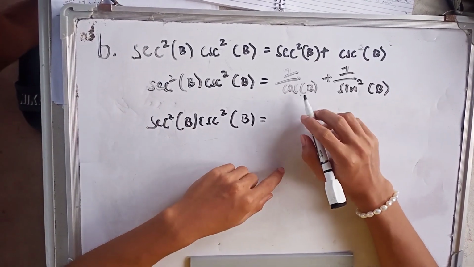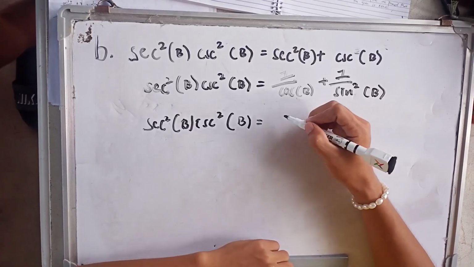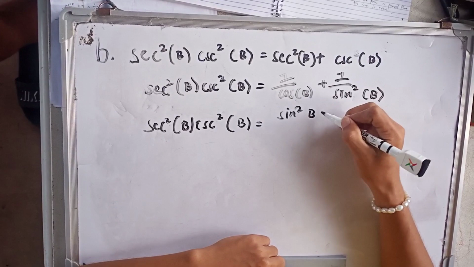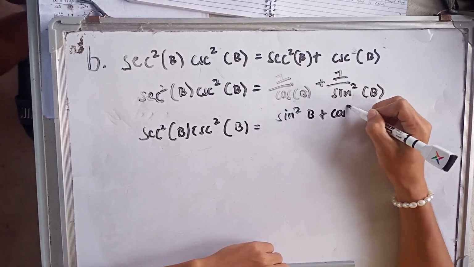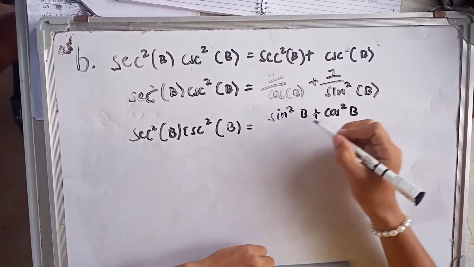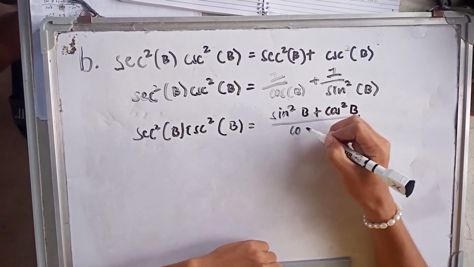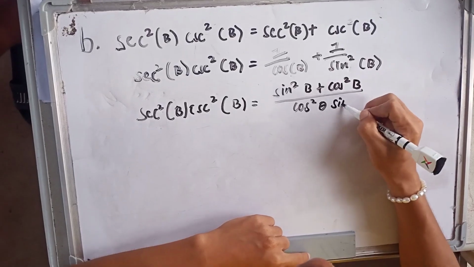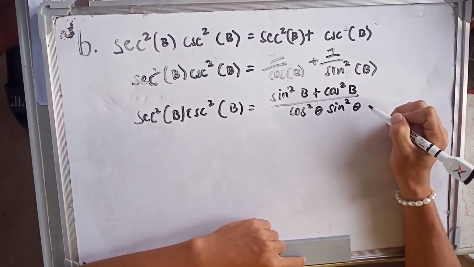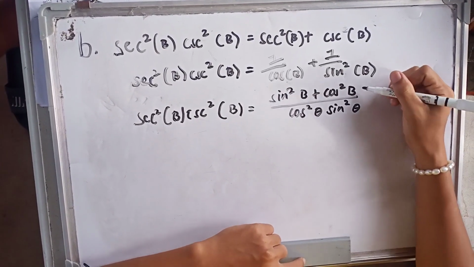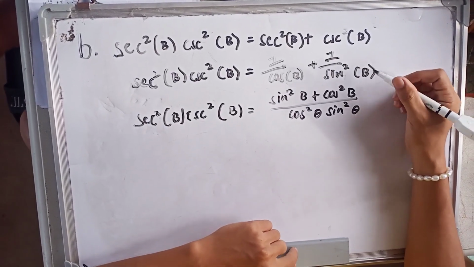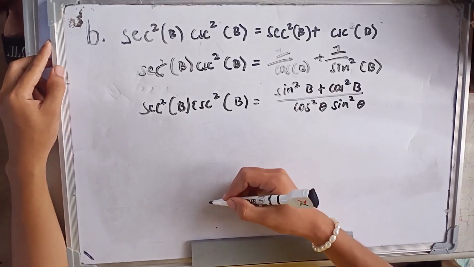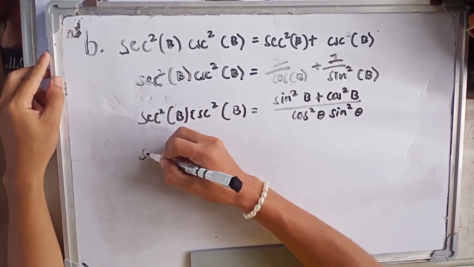Add the fractions. Sine squared theta plus cosine squared theta over cosine squared theta sine squared theta. This is the result after we add the two fractions. So copy again the first equation.